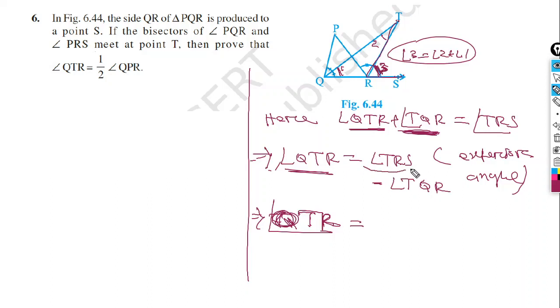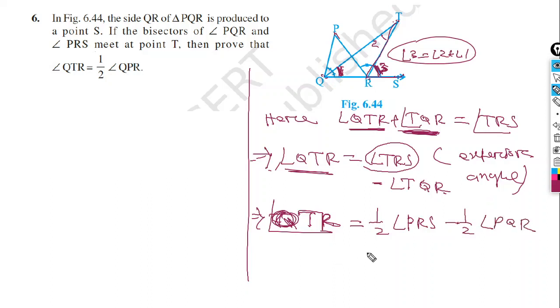So instead of TRS we can write 1 by 2 angle PRS, minus angle TQR. Look at the figure, this angle TQR is also half of angle PQS, isn't it? Half of PQS is equal to this angle TQR, so minus 1 by 2 angle PQR.